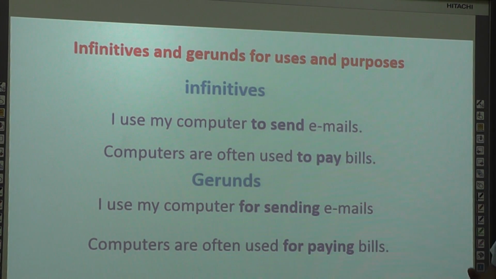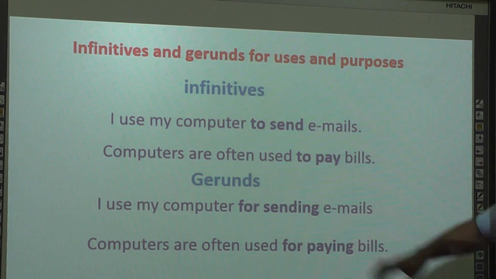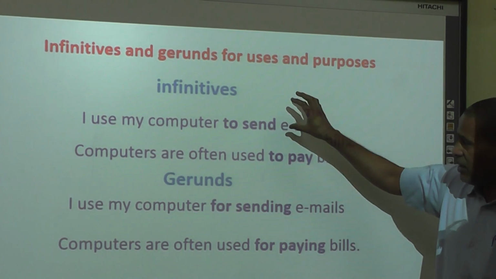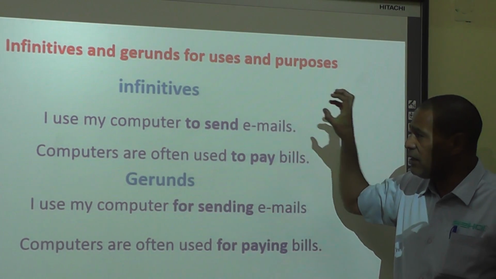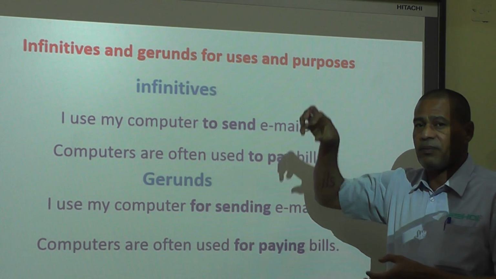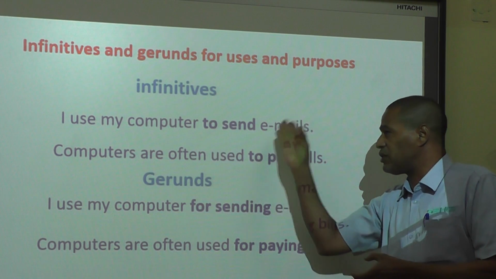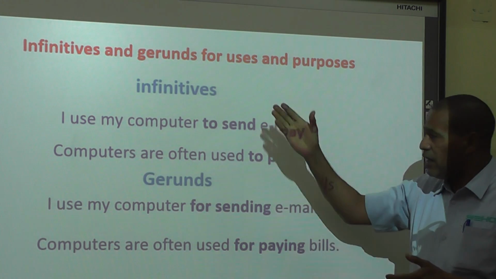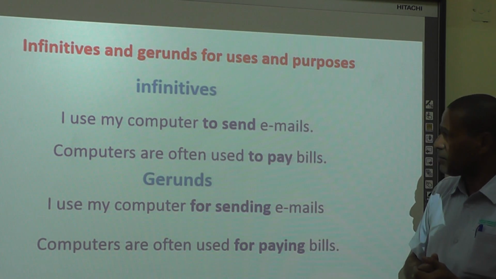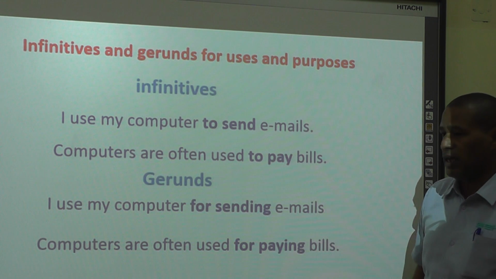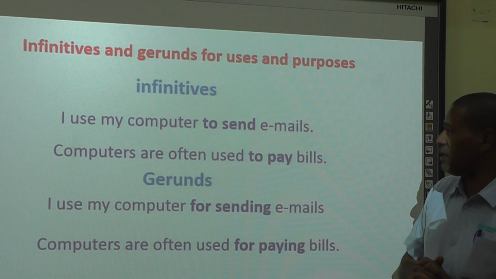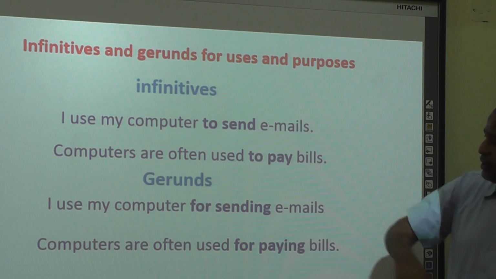What is the difference? Yes, they are the same sentences, but here, with the infinitives, we are focusing on the purpose of the person who uses the computer or uses anything else, as we said before, the cell phone or whatever item is being talked about.